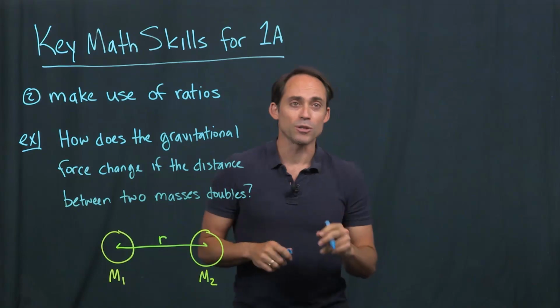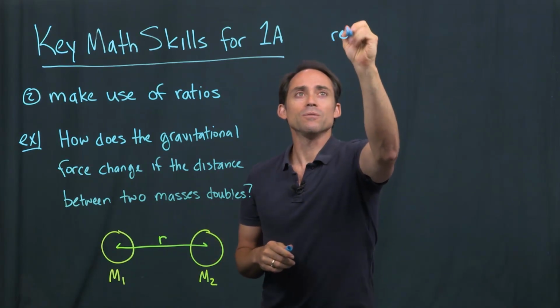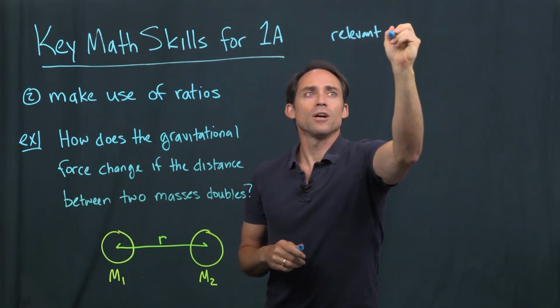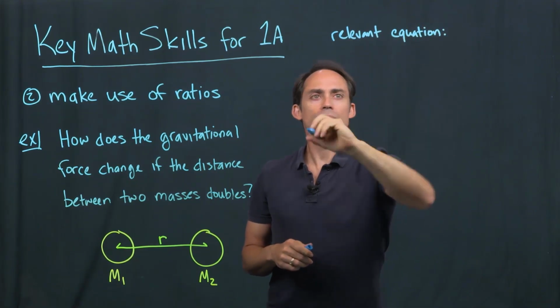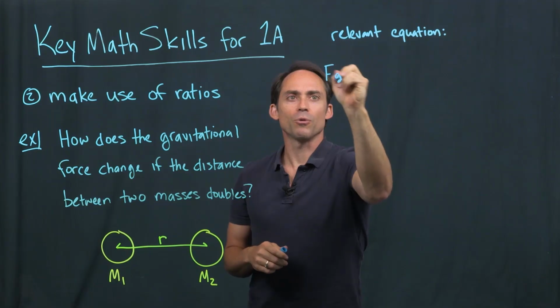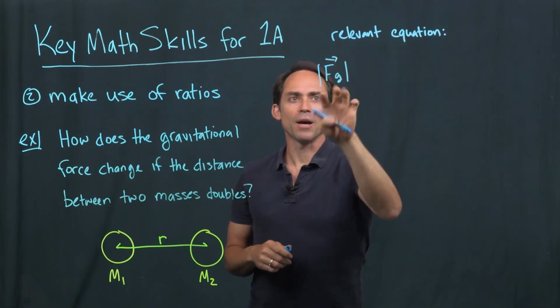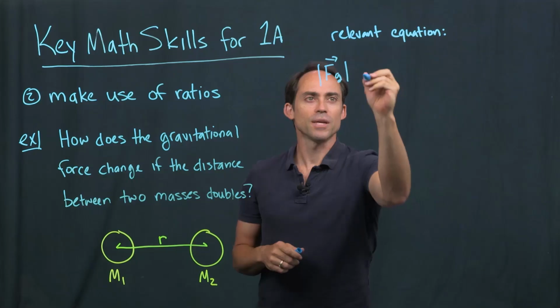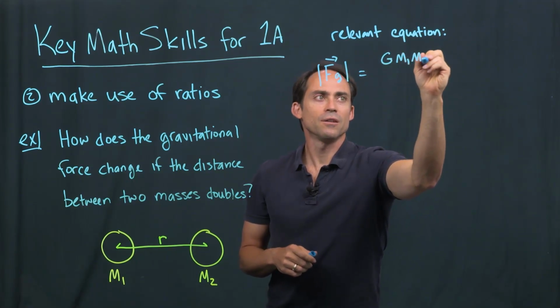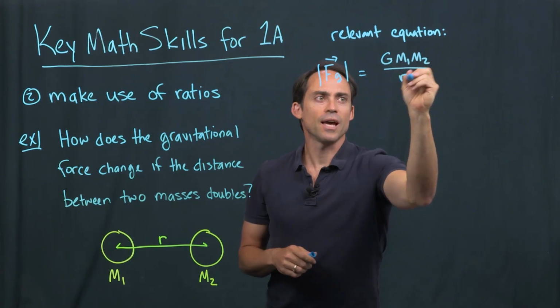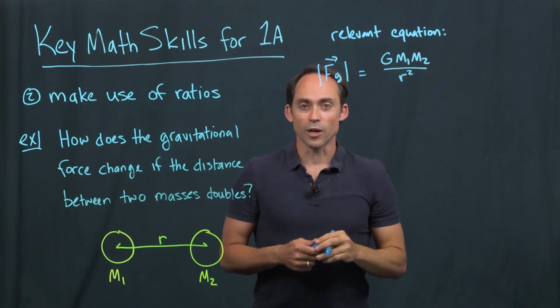So the first thing is important to write down the relevant equation, which is, of course, going to be our equation for gravitational force. And the magnitude of that force, which I'm going to indicate by these vertical bars, is equal to the gravitational constant, the product of the masses, and the distance between them squared.